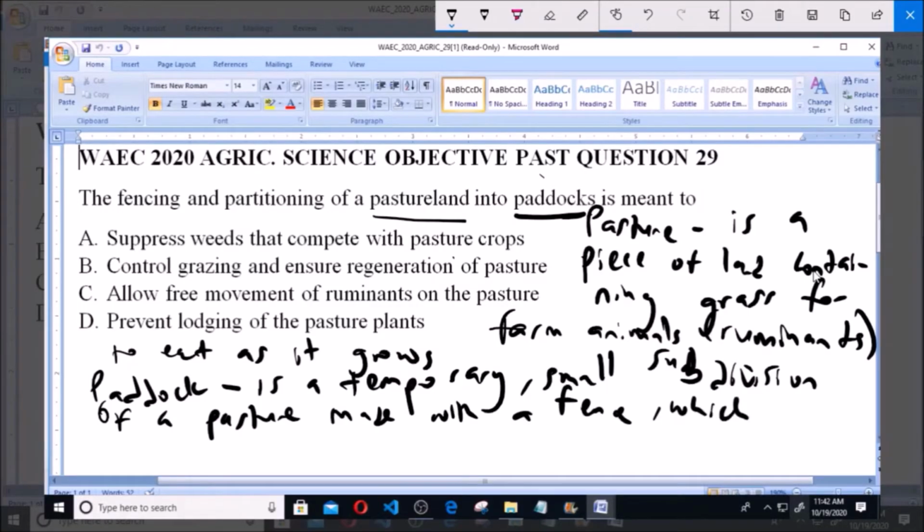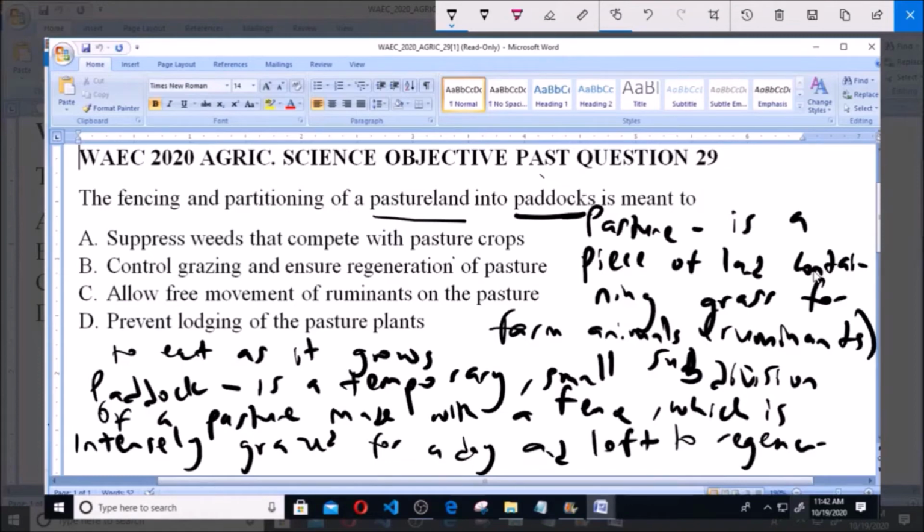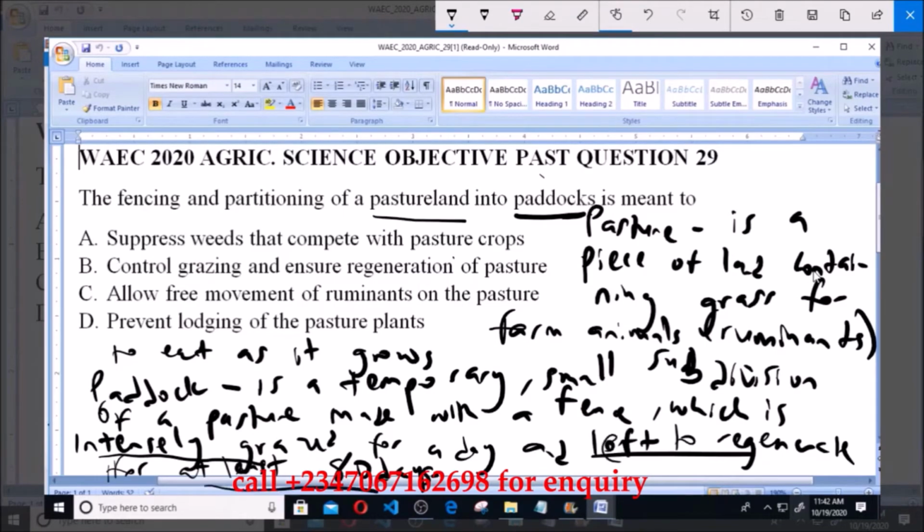That subdivision is intensely grazed for a day and left to regenerate for at least 80 days. So the purpose of a paddock, that is the small subdivision of a pasture, is to allow for intense controlled grazing, and also to allow for regeneration of that particular portion of the pasture.